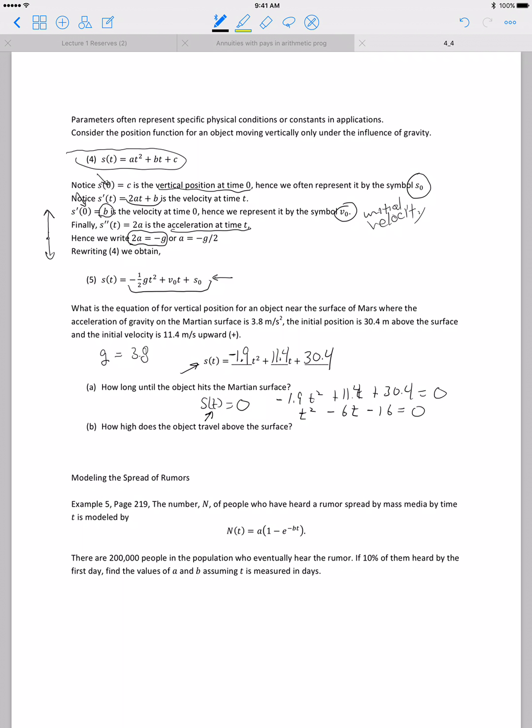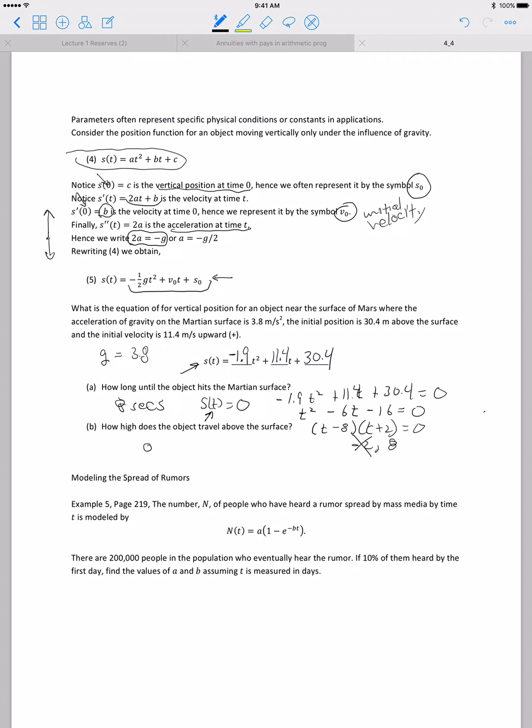So I chose the values so that we could factor this, so we get t minus 8 times t plus 2. And so we get two solutions to this quadratic equation, negative 2 and 8. We're not going to talk about what happened before the experiment began, so we're going to ignore the negative solution. And so we get 8 seconds after the object is released, it would hit the Martian surface.